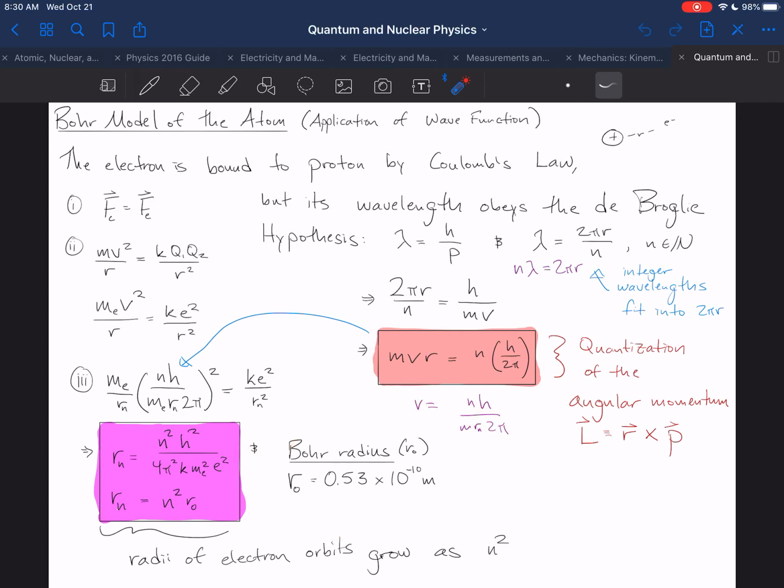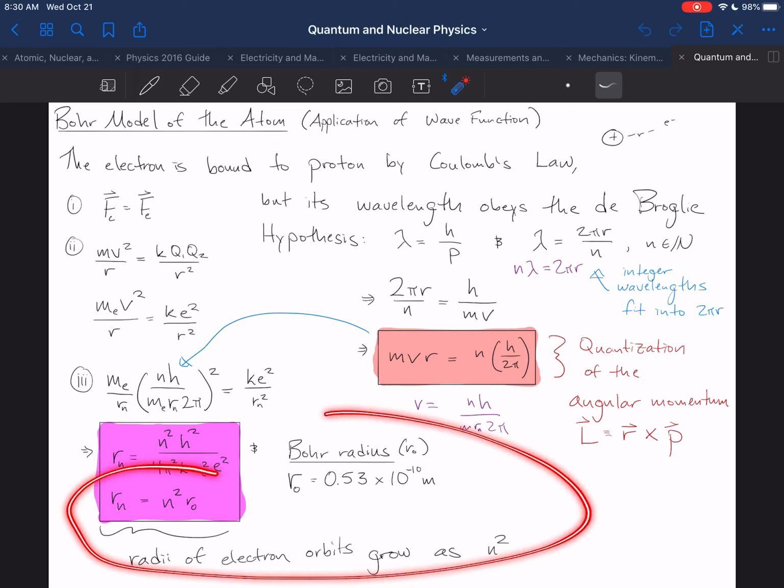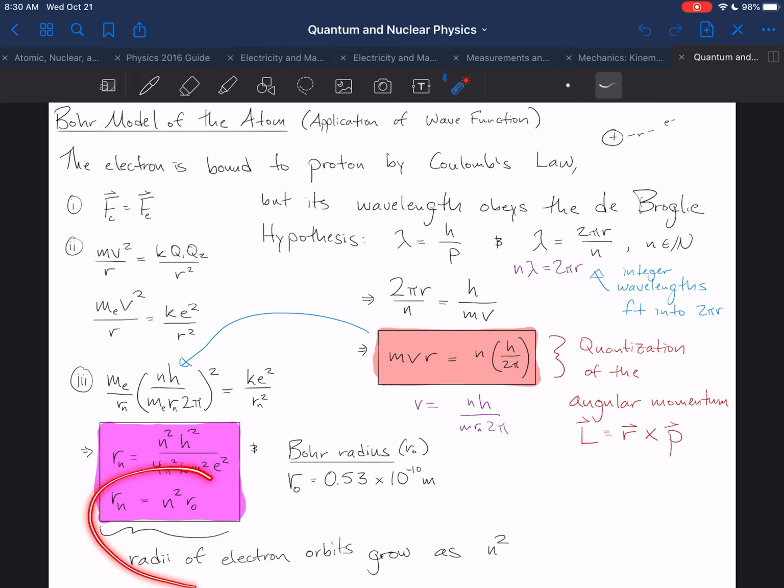And as a result, this is a pretty important result. We get that the radii of the allowed electron orbits are quantized, that this is the ground state. The exact quantization, that is the fact that Rn grows as n squared, is not quite true, but as we'll see, it can allow us to derive some relationships that do turn out to be true and verifiable.